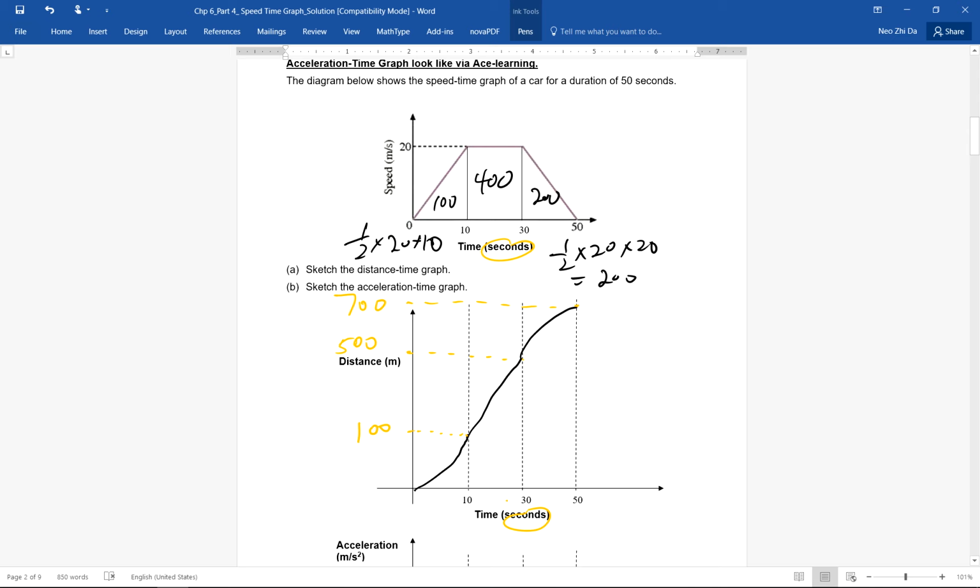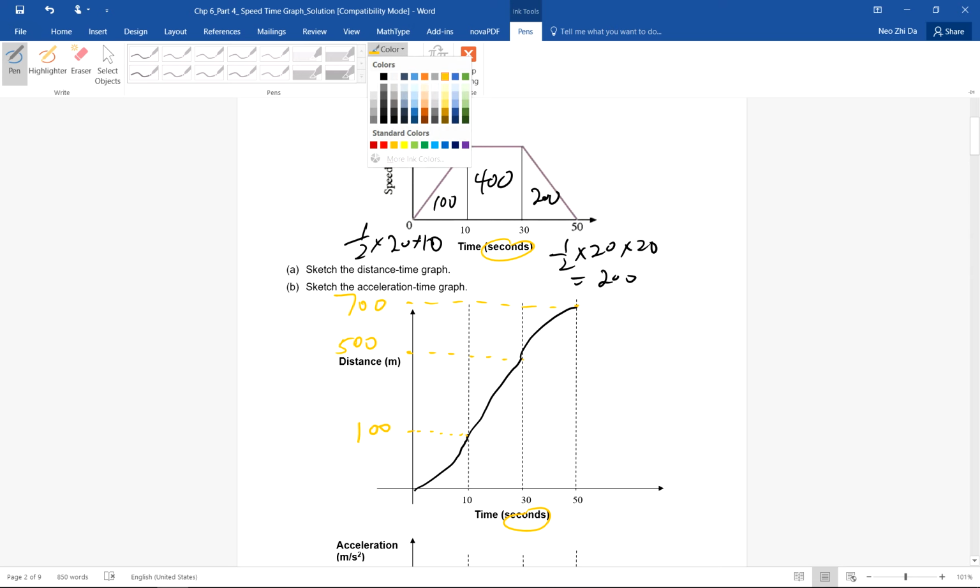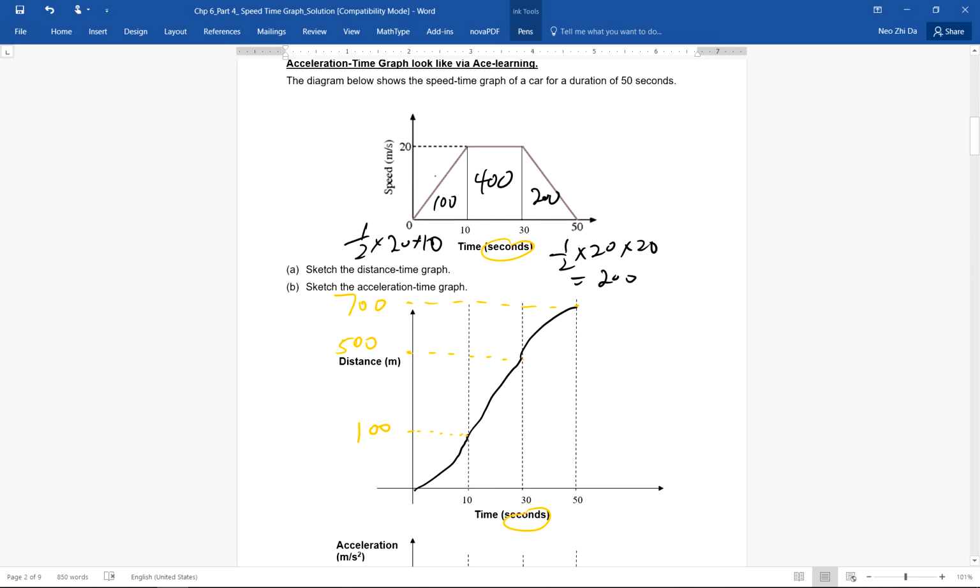Now for acceleration, when you watch the video later, you will know that acceleration is basically just the gradient of the speed. So what is the gradient here? Let me change the ink of the pen. The gradient is just 2. How? y1 minus y2, 20 minus 0 over 10 minus 0, so 2.